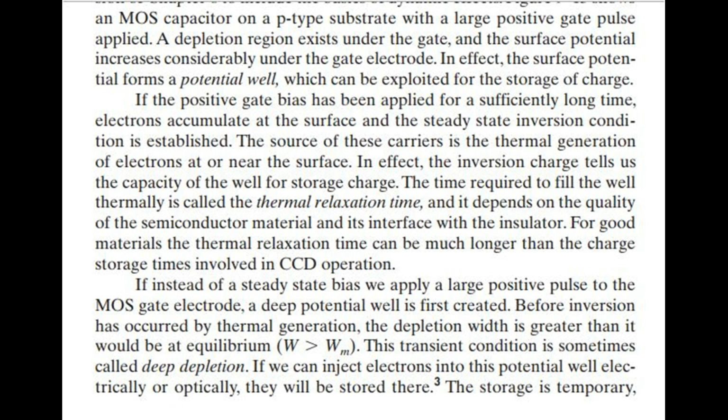If instead of a steady-state bias we apply a large positive pulse to the metal oxide semiconductor gate electrode, a deep potential well is first created. Before inversion has occurred by thermal generation, the depletion width is greater than it would be at equilibrium, W greater than Wm. This transient condition is sometimes called deep depletion.